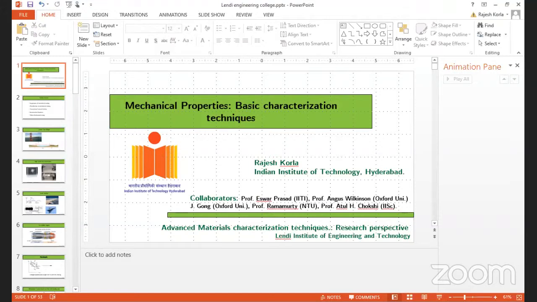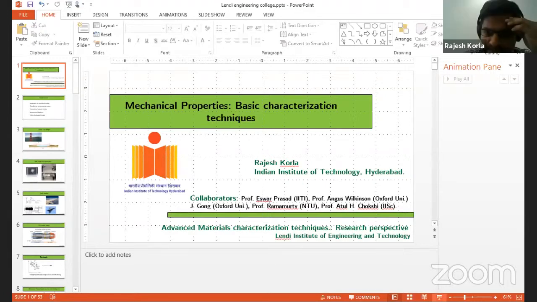Now it's not increasing. We can see all the slides, sir. Actually, full screen is not there.